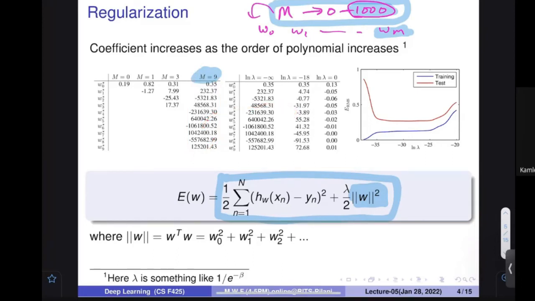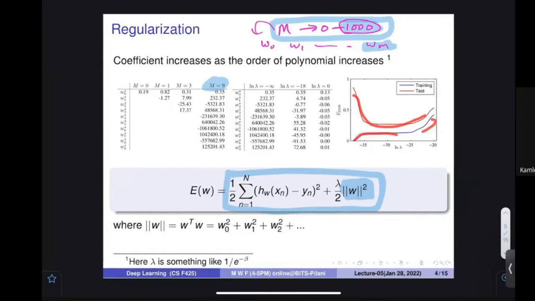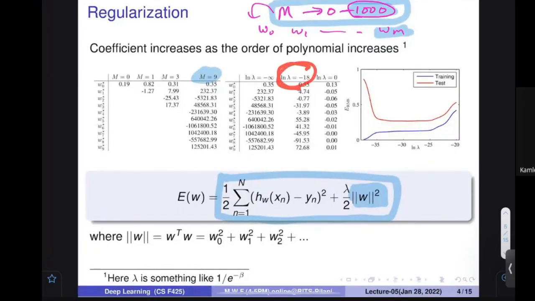Okay. So for different values of lambda, on one side log of lambda has been plotted, and in this curve we try to see what training and testing error is possible for me. So you get this kind of behavior. What is the usefulness of this? Let's assume that you discovered that lambda equal to minus 18 is good for me. You can see that for this quantity your testing and training error are good for you.